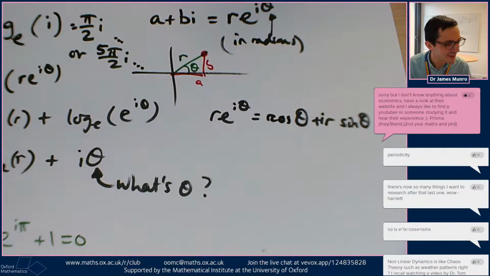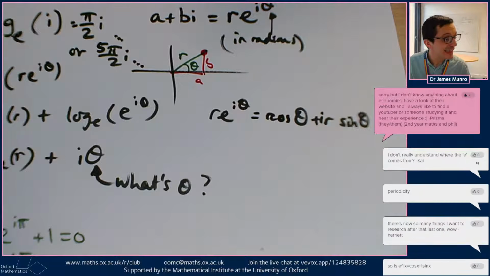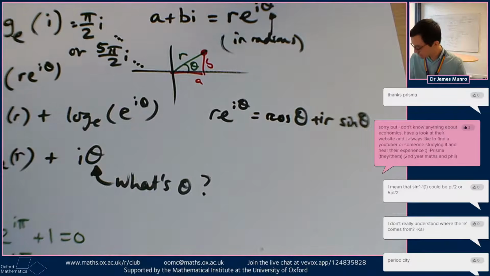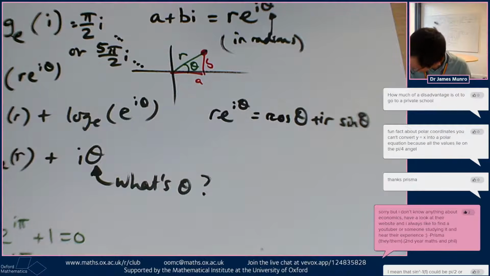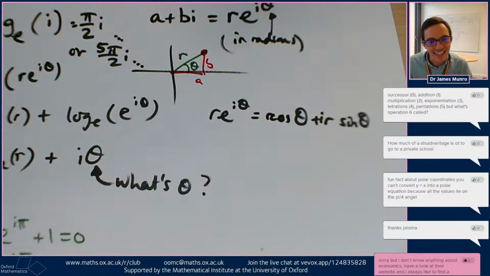It's fun. Okay. Yeah, I don't really understand where the e comes from. Very good point. It's sort of a fundamental definition. The cheap answer is that maybe this defines how e works. This is sort of such a good idea that maybe we should do this one first rather than e.